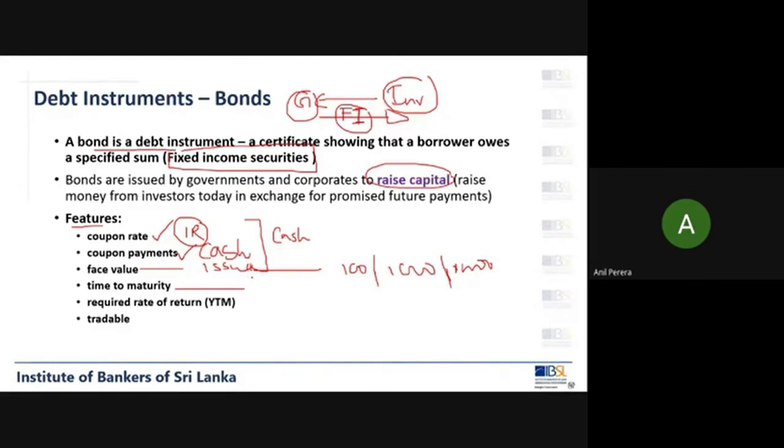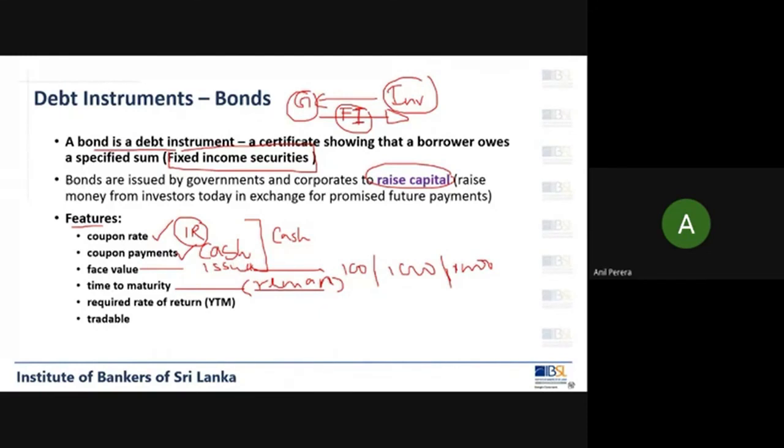Now, when we are calculating a price for this bond based on time to maturity, what you take is the remaining maturity. That we have to understand. Remaining maturity. For example, you have a bond issued in 2010 for 15 years. If it was issued in 2010 for 15 years, it should mature in 2025.